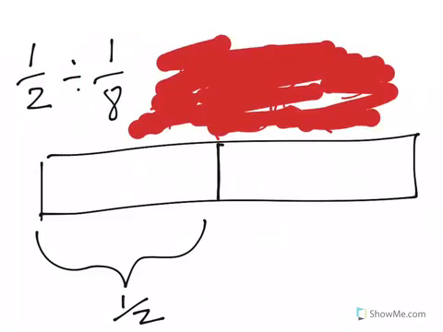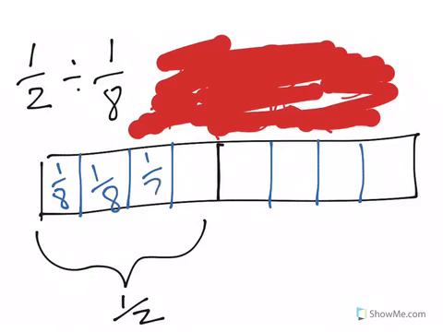So we have our 1/2, right? We took our tape diagram, split it in half. Now I want to know how many times 1/8 goes into that. So that means I'm going to take this same information here and I've got to break it down. This whole thing is 1, so I've got to create eighths, right? We got 1, 2, 3, 4, 5, 6, 7, 8. So I know that each of these are 1/8, right?